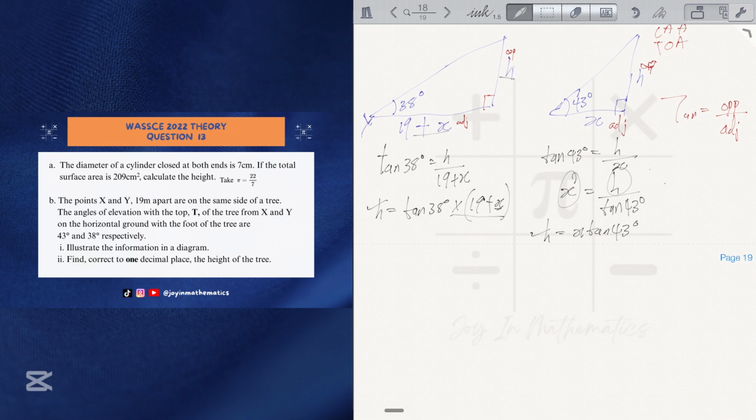So in essence, we are saying that tan 38 degrees multiplied by 19 plus x is equals to x tan 43 degrees. So with this, we can find the value of x.